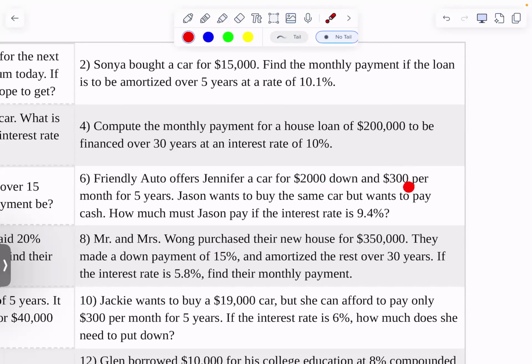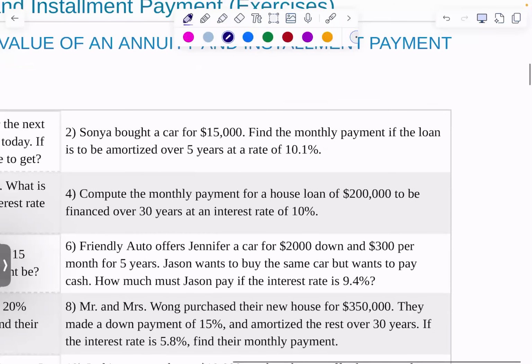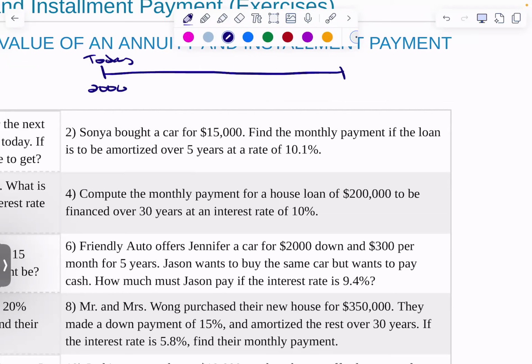Right? And so in this scenario, I would say it might be helpful to jot down, here we are today and just kind of imagine it. So she first has to pay $2,000 down, and then she's gonna pay $300 for 5 years.